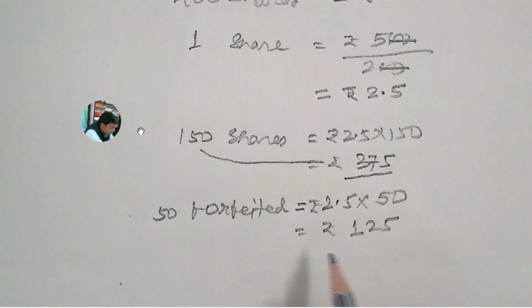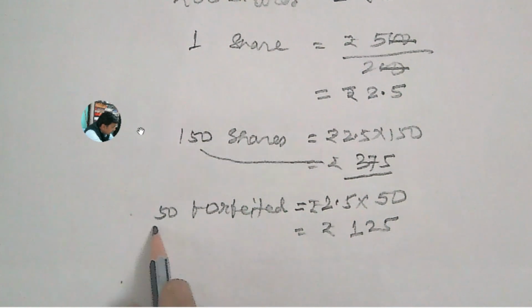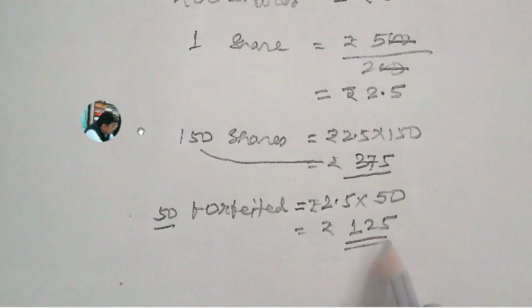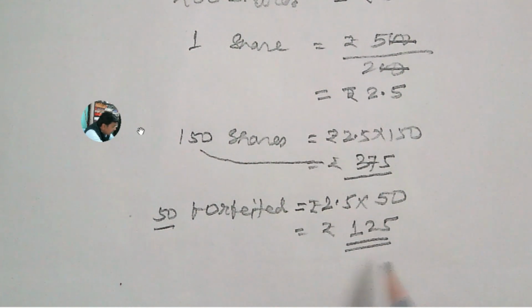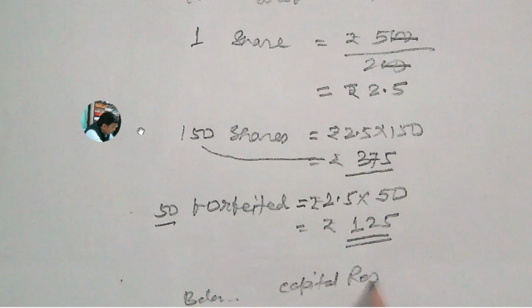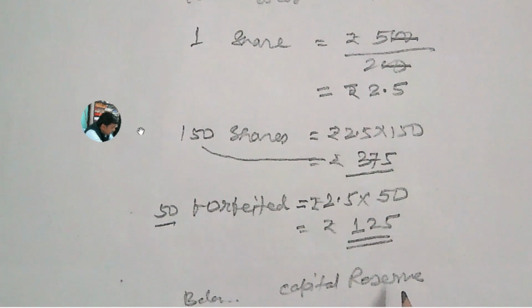Subsequently, when the company reissues these 50 shares, the loss on reissue of forfeited shares shall be adjusted from this 125 rupees, and the balance amount shall be transferred to capital reserve account, with the help of the journal entry: share forfeited account debit to capital reserve account.